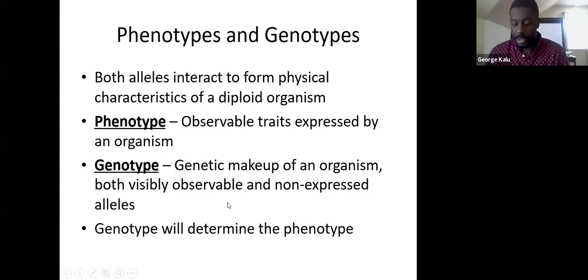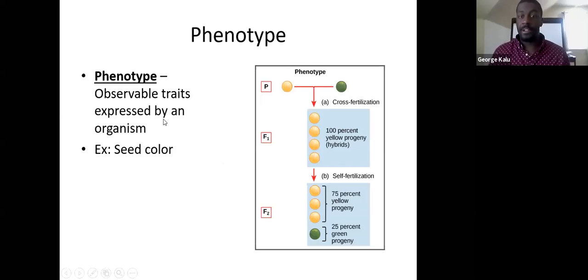The first one is the phenotype, the physical characteristics that are actually getting expressed by that organism. Over here, we've got a couple of pea seeds. For seed color, we have one that's yellow and one that's green. This would be the phenotype, the actual color of the seeds that we're physically able to see.